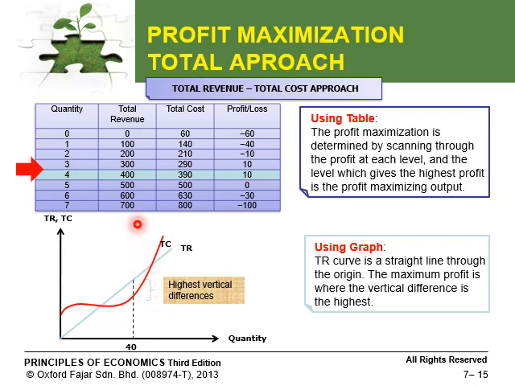By looking at the table itself. Where is the profit maximization? As I just mentioned, it is total revenue minus total cost, where the difference is in here. The higher the value, the greater the distance.